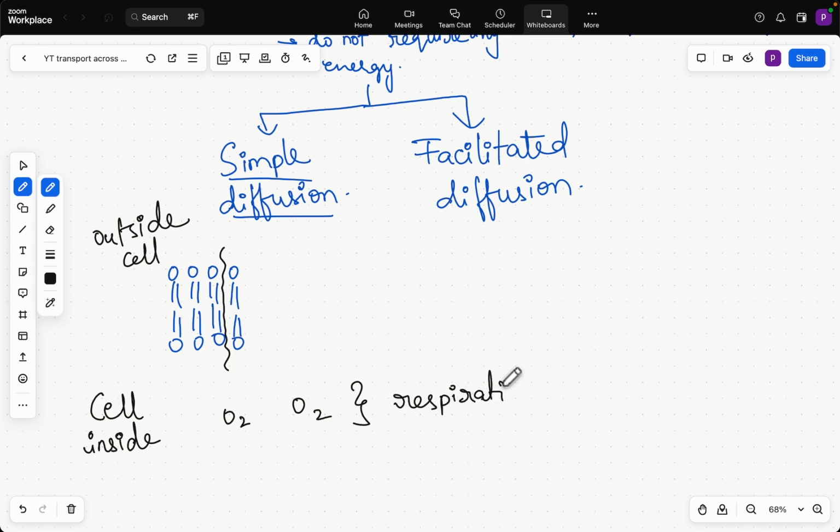So because oxygen is being consumed in our cell continuously, the oxygen inside the cell is less when compared to the oxygen outside. So I'll draw so many molecules outside, and only two molecules inside the cell.